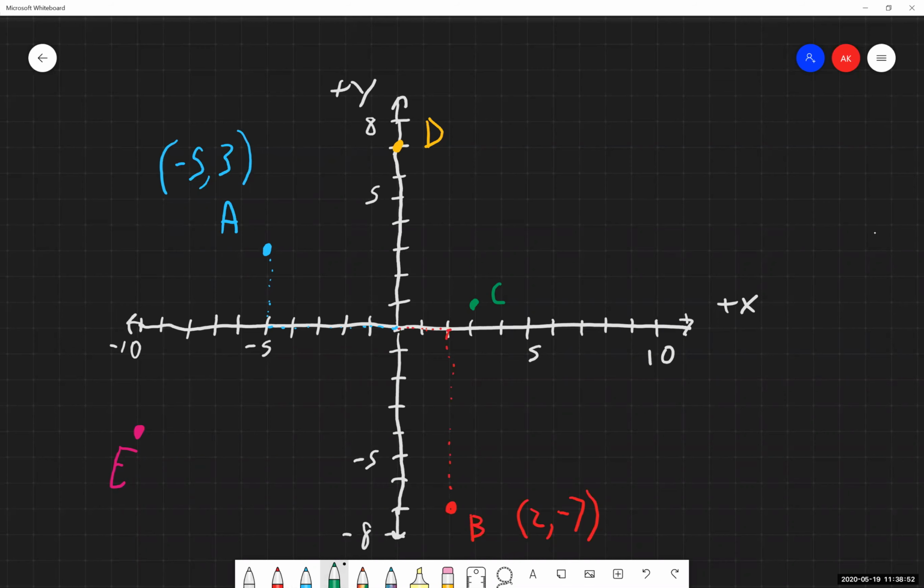Looking at point C, again from the origin, I'm going 3 in the positive x direction, so my x value is 3. I'm going up 1 in the y direction, so I have a y value of 1. So point C is the ordered pair (3, 1).